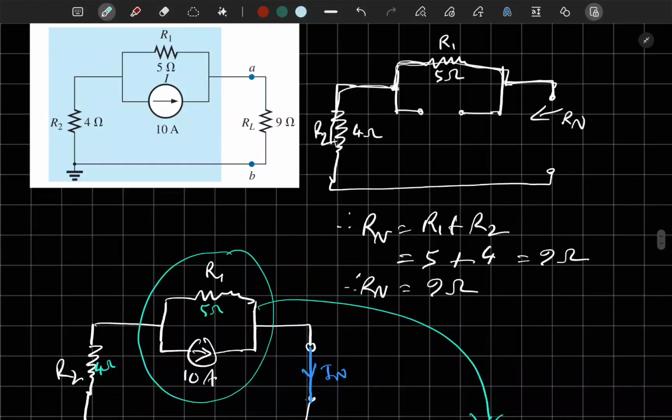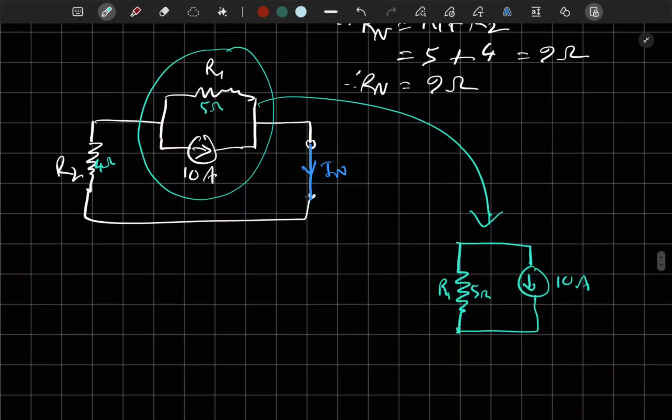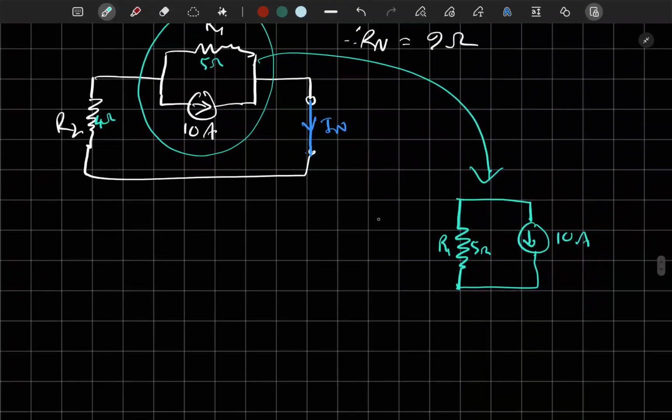Okay. After flipping this, all we have left is one extra branch, which is R2. So let's draw that extra branch here. Okay. So this is R2, 4 ohms. Now we have a connection R2 with the top of R1 and 10 amperes. So the connection goes here. But we can just draw it here to make it look simpler.